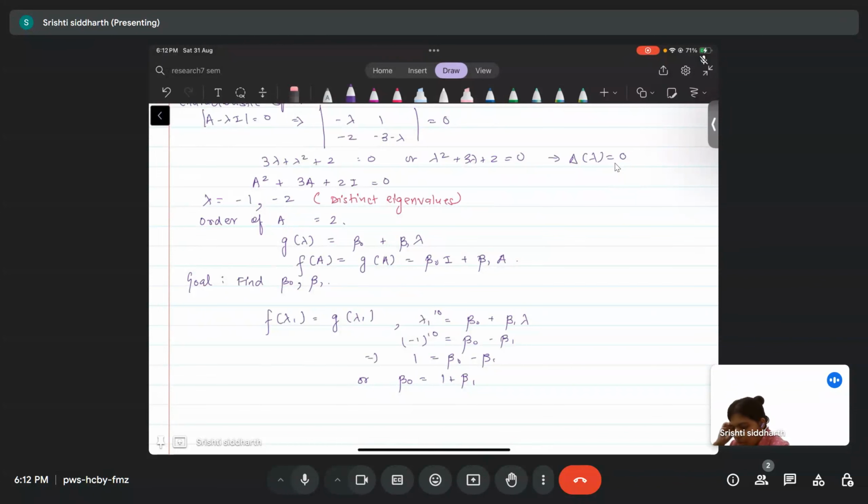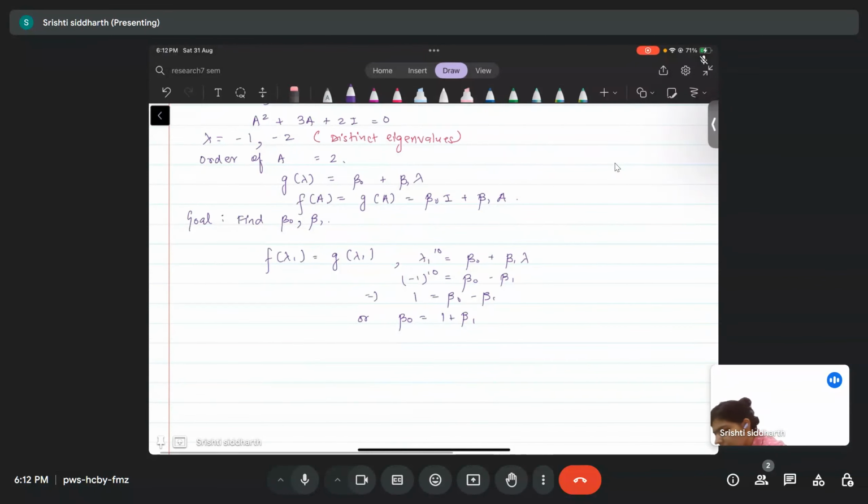Okay. So we have two unknowns, beta 0 and beta 1, so we need a second equation as well. For lambda equals minus 2, we have minus 2 to the power 10 equals beta 0 minus 2 beta 1. Let's substitute 1 plus beta 1 minus 2 beta 1, which gives minus beta 1. So beta 1 becomes 1 minus 2 to the power 10. You can calculate this. This comes out to be minus 1022.